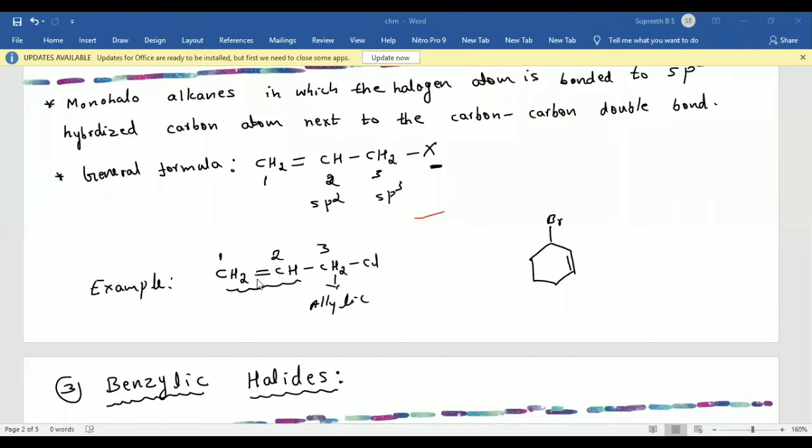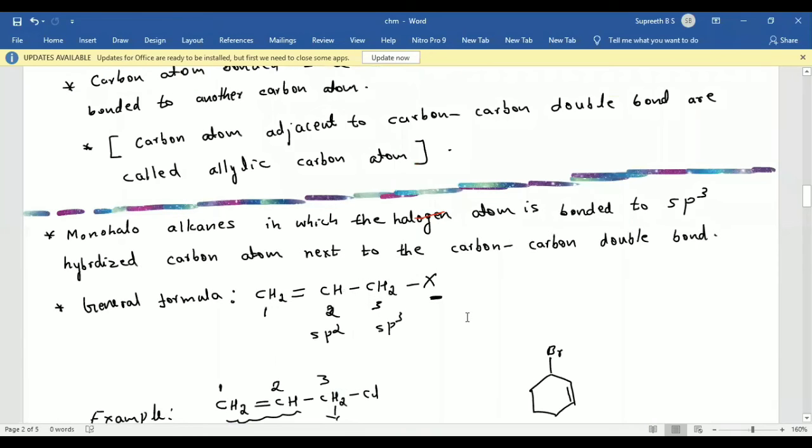So the name is 3 chloro prop 1 ene. The name of this compound is 3 chloro prop 1 ene. Since the double bond gets first preference, you start numbering from left to right. So the chlorine atom is present on the third position, so 3 chloro, and the double bond is present on the first position. So 3 chloro prop 1 ene.